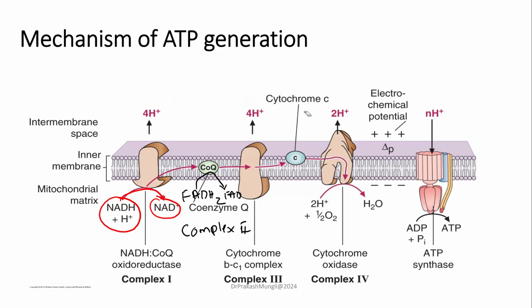So totally there will be pumping of 10 protons. Remember, 4 plus 4 plus 2, 10 protons. So I'm going to write that for you: NADH plus H plus oxidation into NAD plus leads to pumping of 10 protons into the intermembrane space.